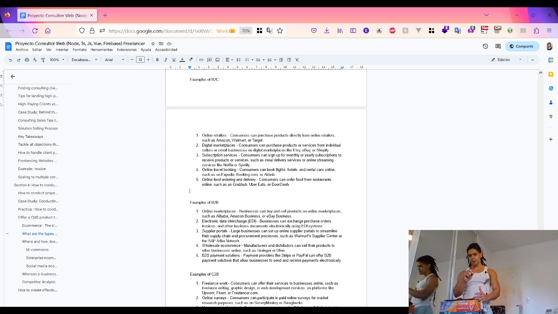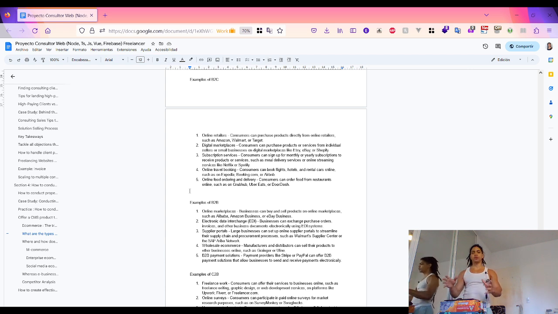Online travel and booking, such as Expedia, Booking.com, and Airbnb, and online food ordering and deliveries, such as DoorDash, Grubhub, or Uber Eats.